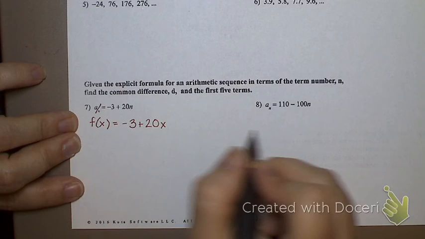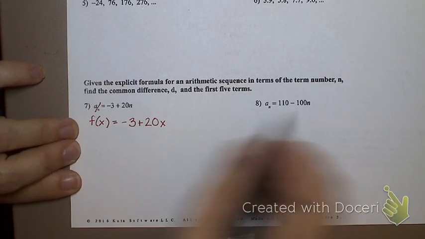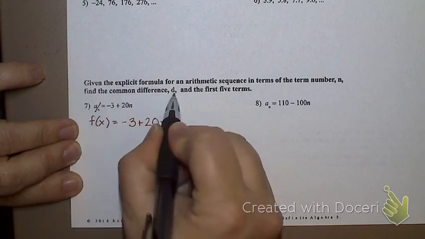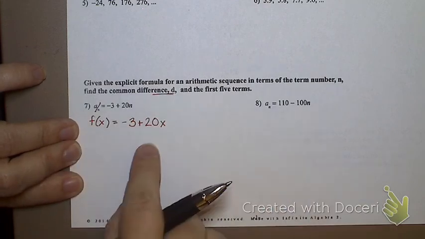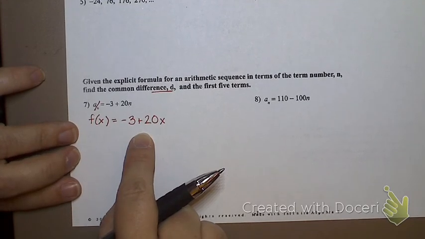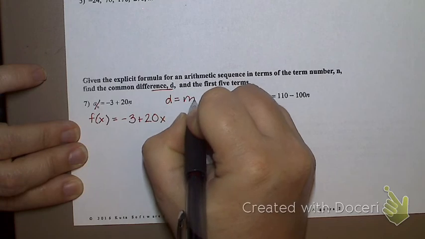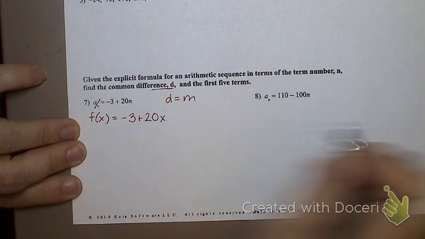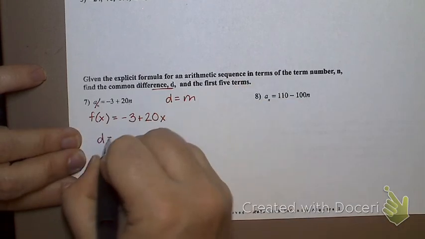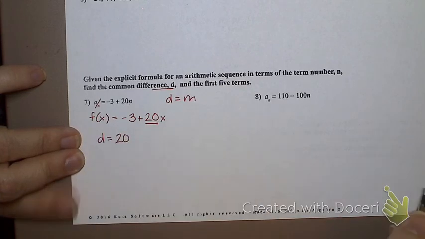That's the way you need to think about that equation. Does that make sense? It says find the common difference. What did we determine was the common difference when I have it in this form? Isn't the common difference the same as the slope? So what is my common difference here? Positive 20, because my slope is right there.